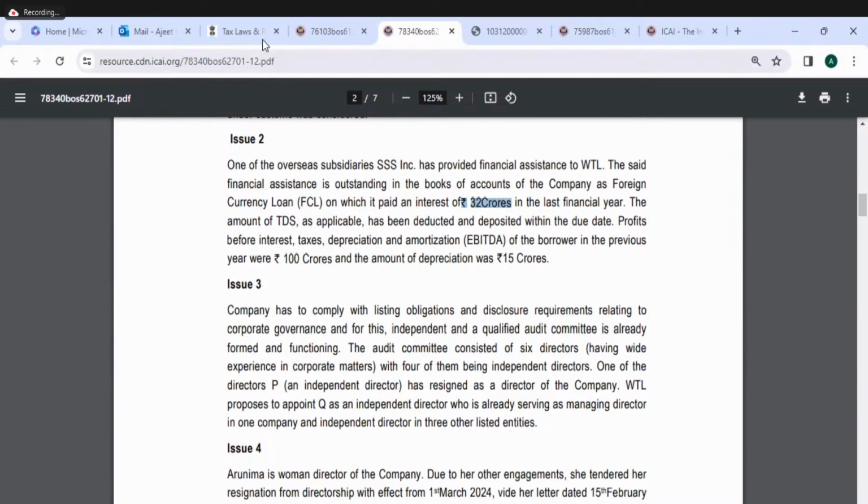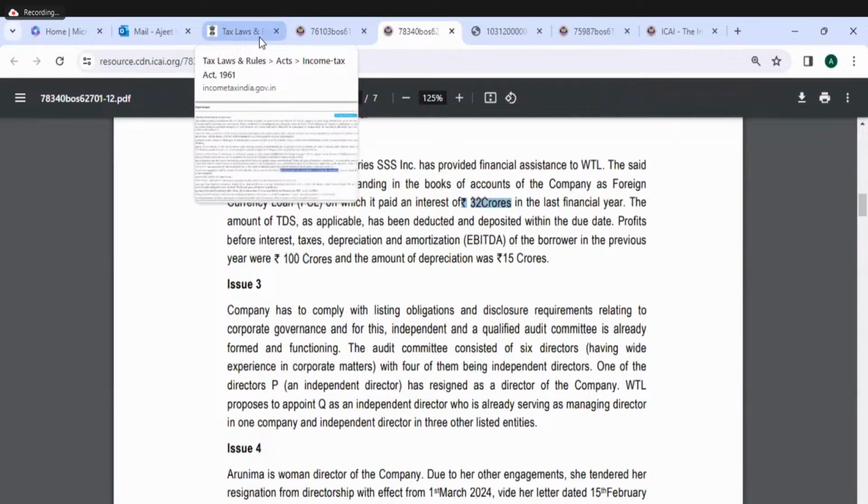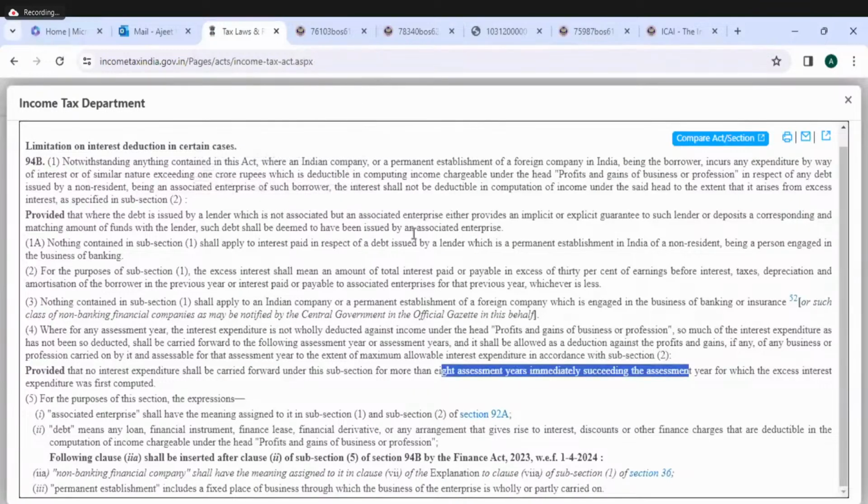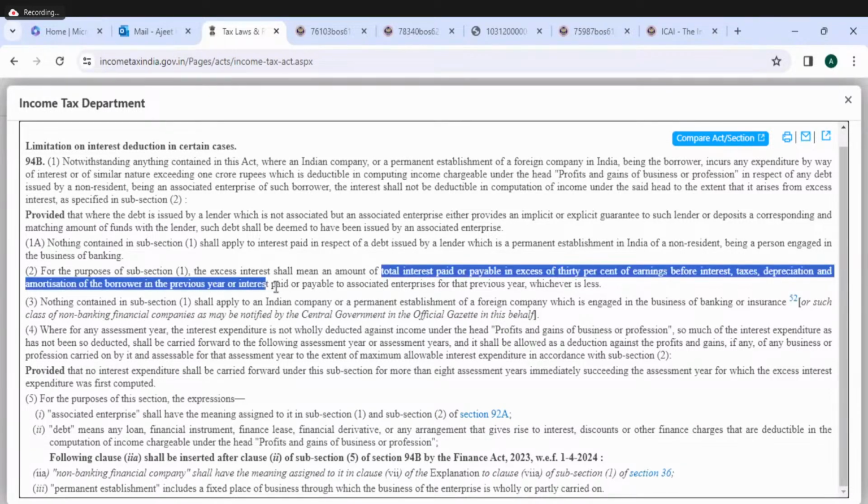If we see this by the exact provisions language, the provision says: total interest paid or payable in excess of 30 crores. I have already told you, total interest paid or payable you have to interpret as interest paid or payable to the non-resident AE, which is 32 crores in this case, in excess of 30% of EBITDA, that is your 30 crores. So this first part would be how much?